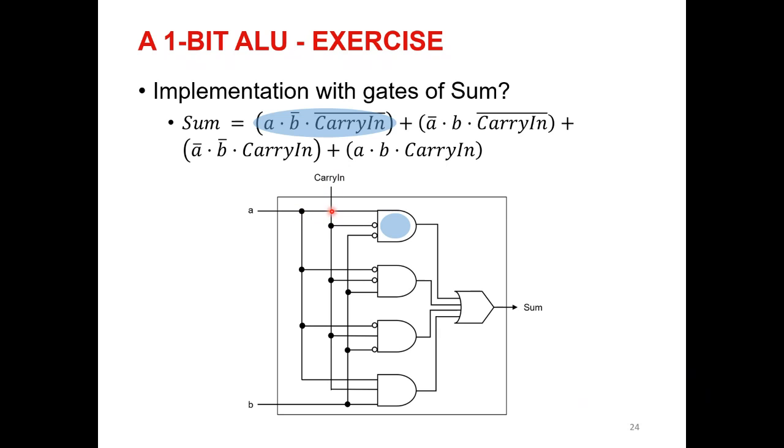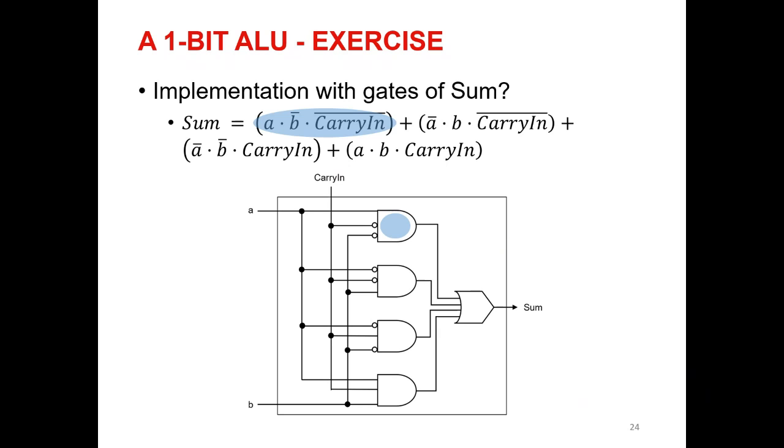We know that this is signal A and this is signal carry in. But here we know that this is signal carry in, and as we have this black dot, we know that this is also signal carry in. So we need to add these black dots in order to differentiate that behavior.